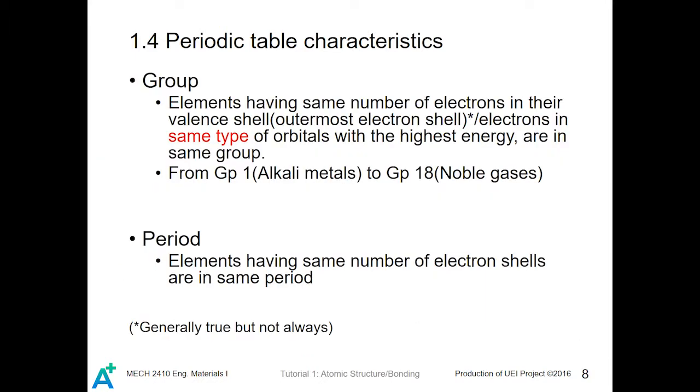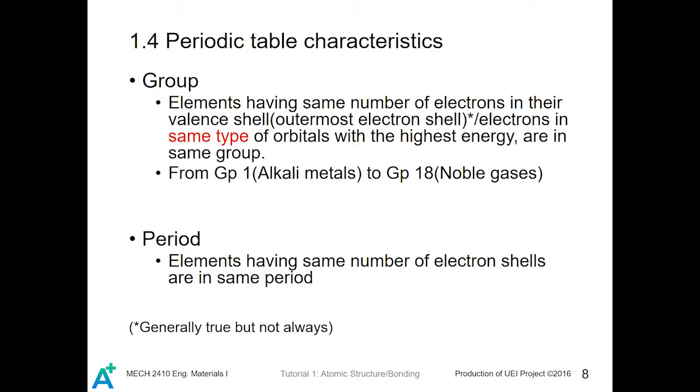Group actually has a chemical definition: elements having the same number of electrons in their valence shell, the outermost electron shell, and electrons in the same type of orbitals with the highest energy, are in the same group.